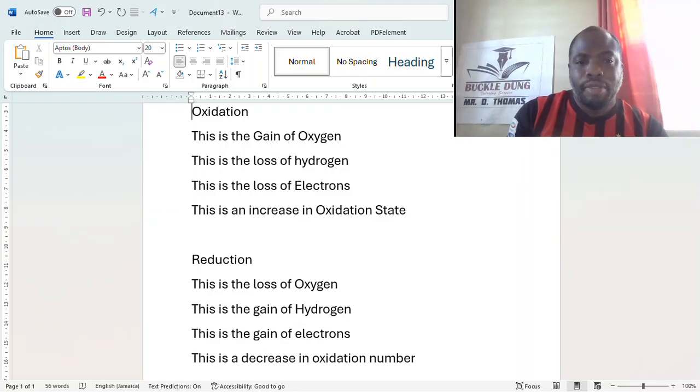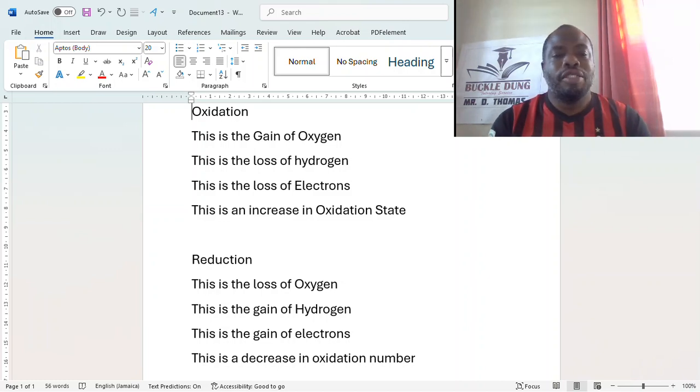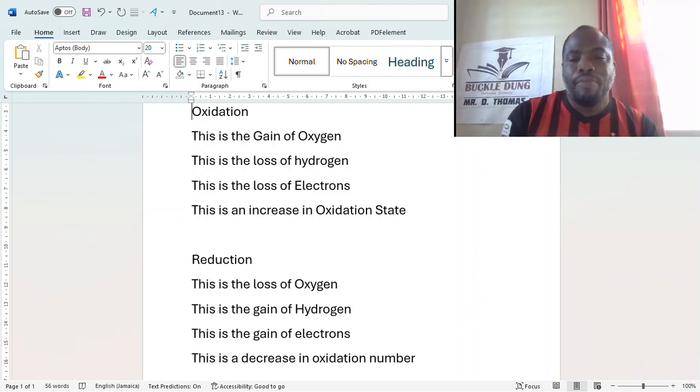So just a tip, just know one. If you know that oxidation is the gain of oxygen, the loss of hydrogen, the loss of electron, an increase in oxidation state or oxidation number, then automatically you should know what reduction is because they're opposites. So get to know one.